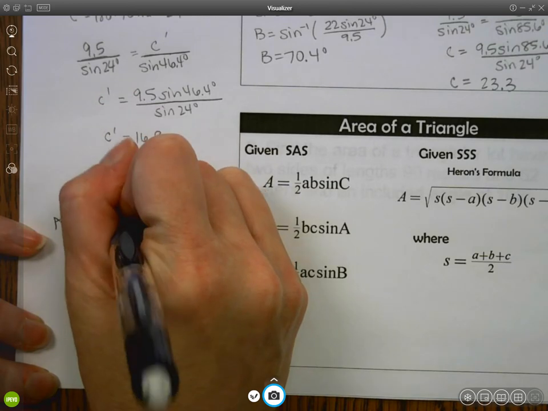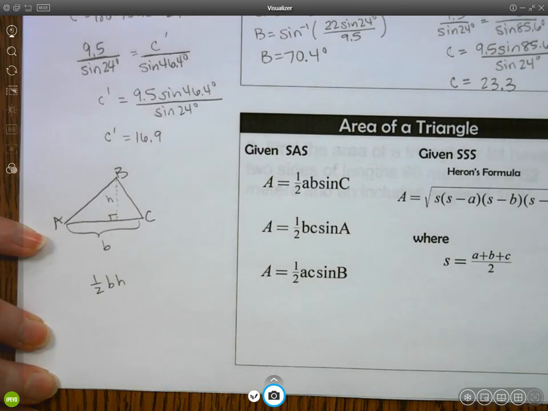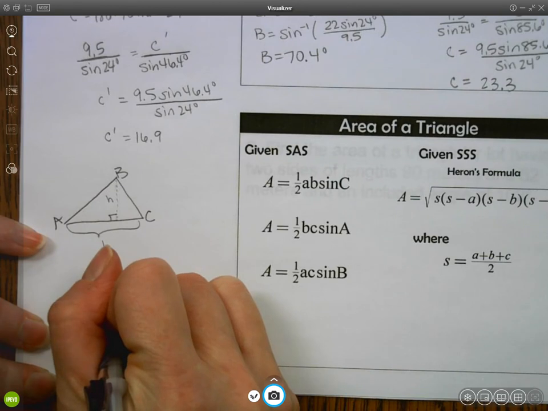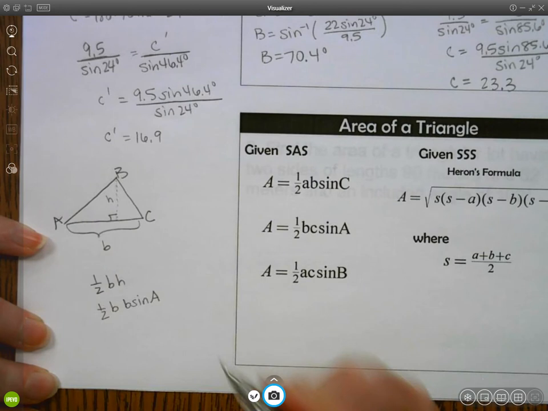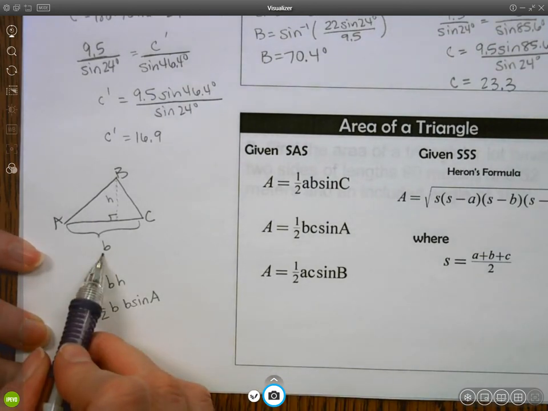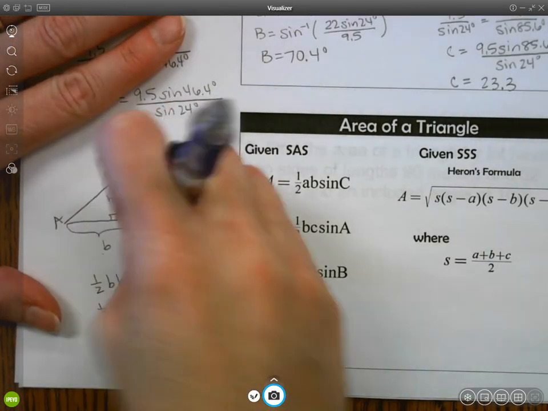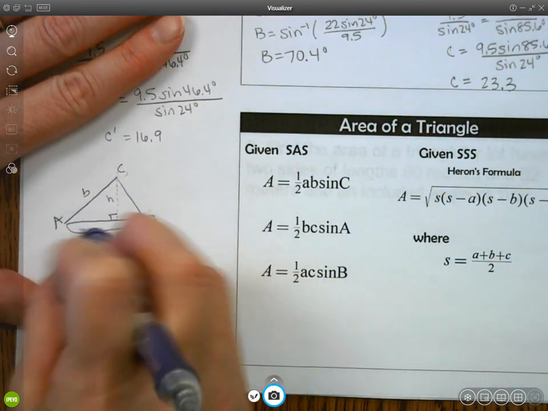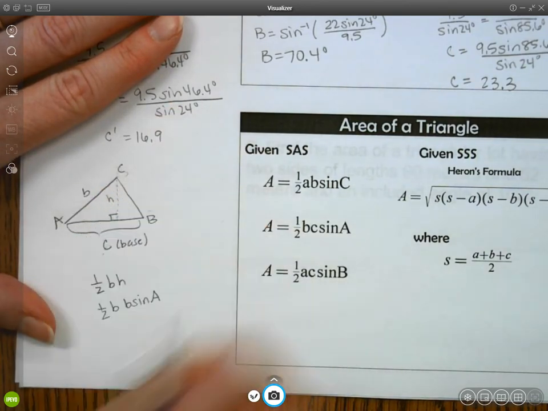So if this height is B sine A, so normally that's the area of a triangle formula. So now we're saying that we want the base times the height, which we call B sine A. And then the base of our triangle may or may not be, hold on, because this is, I think, labeled backwards. This should be side B. This is the base of the triangle, but in our case it's C. So we'll go back to what I just said.